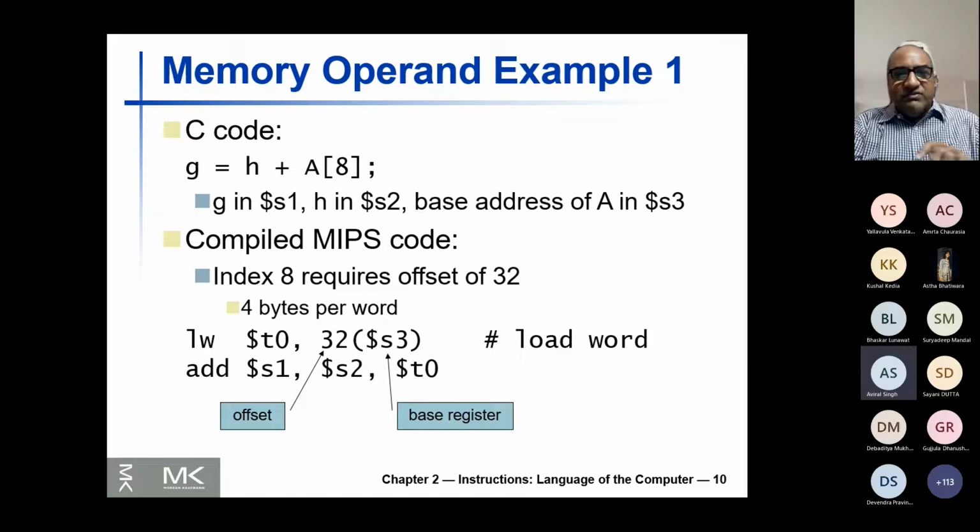From the starting, it is at the 8th location, and each word occupies 4 bytes. To fetch the 8th word, you don't assume it's a physical 8; it's actually the 9th, but as per the index it is 8.